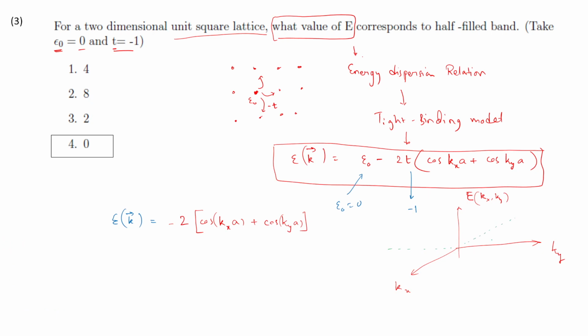So this is your kx, ky, and energy is along this z direction. So it will have a surface. See that this will have a symmetry at origin, because cos kx is symmetric about origin, cos ky is also symmetric around origin. So along ky it will look like this. Along ky it is a cos function, and along kx also it will be similar, so imagine that this cos has to be in this direction.